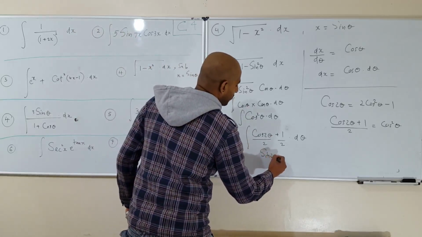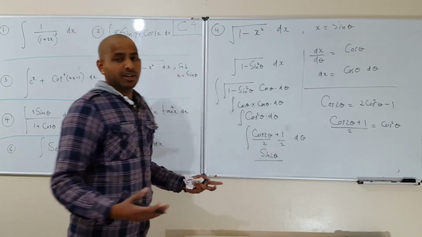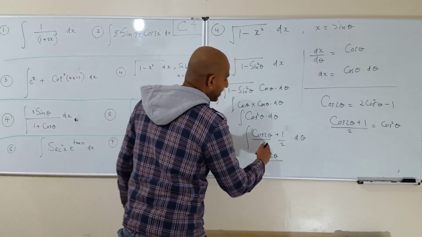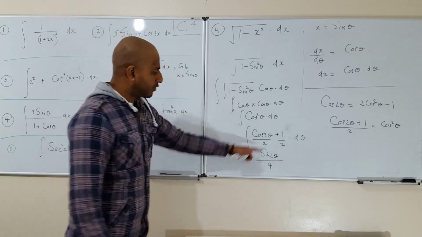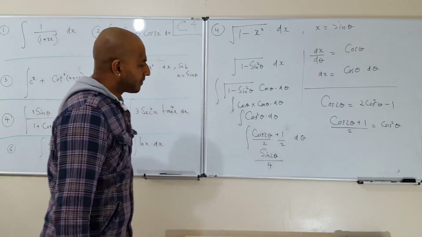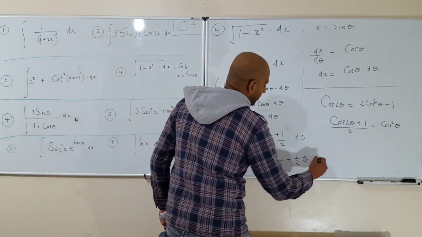Sin 2 theta, don't forget, again you have to divide by 2 because 2 theta, like a chain rule, can be differentiated to give 2. So 2 divided by 2 would be again here, become 4. I mean, because you have 2 here, 2 times 2 is basically 4. And this becomes half theta plus c.